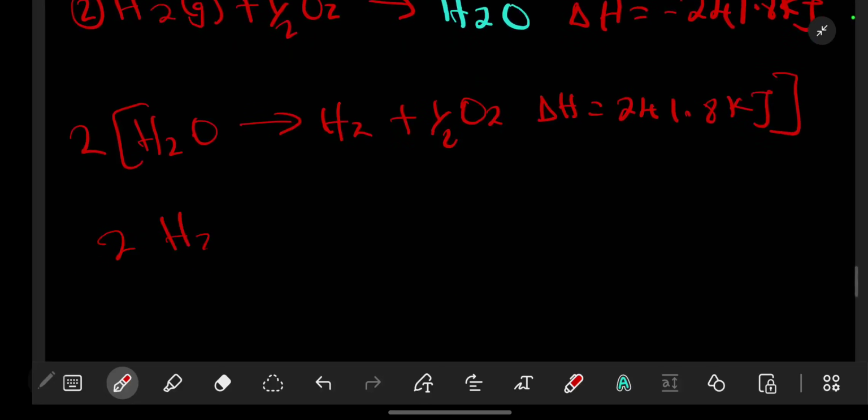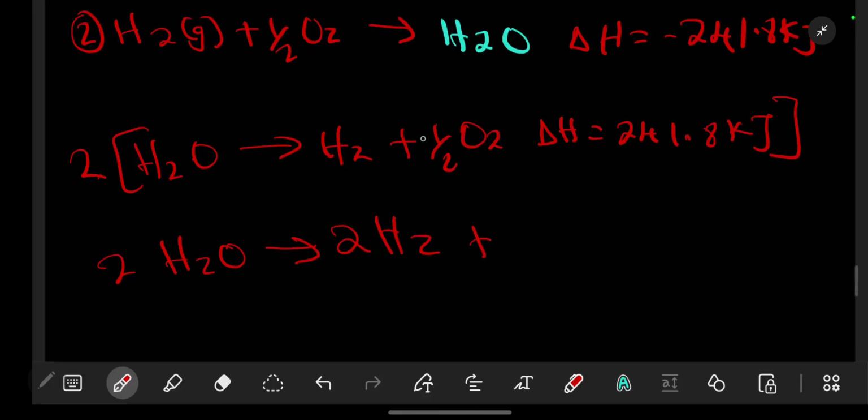So it will be 2H2O should be able to produce 2H2 plus, half by 2 by half, it will just be O2. Then the change in enthalpy will be multiplied by 2. So 241.8 times 2 will be equal to 483.6 kilojoules.